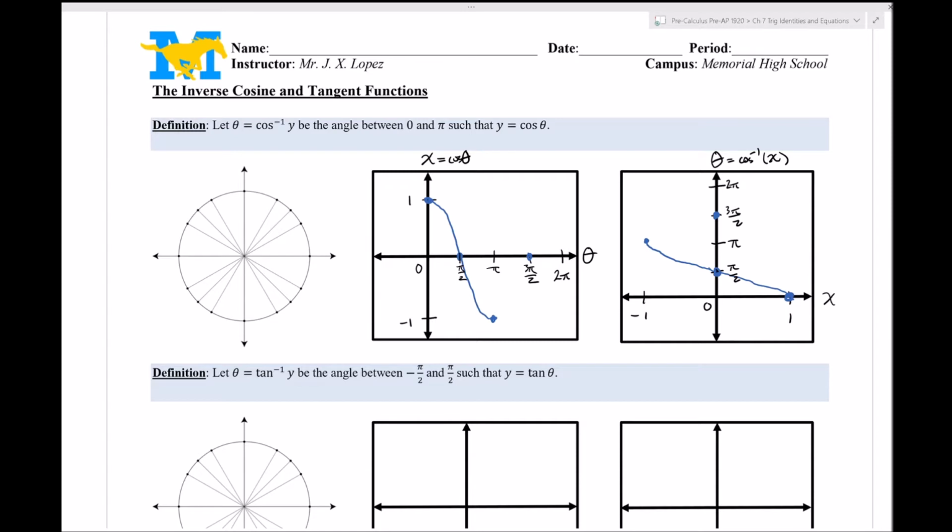So what does that correspond to on my unit circle? So what piece of the unit circle is that? We're talking about everything between 0 and pi. So 0's here, pi is here. We're talking about the upper half. So all of this stuff. So for cosine inverse, it's the upper half, the top half.